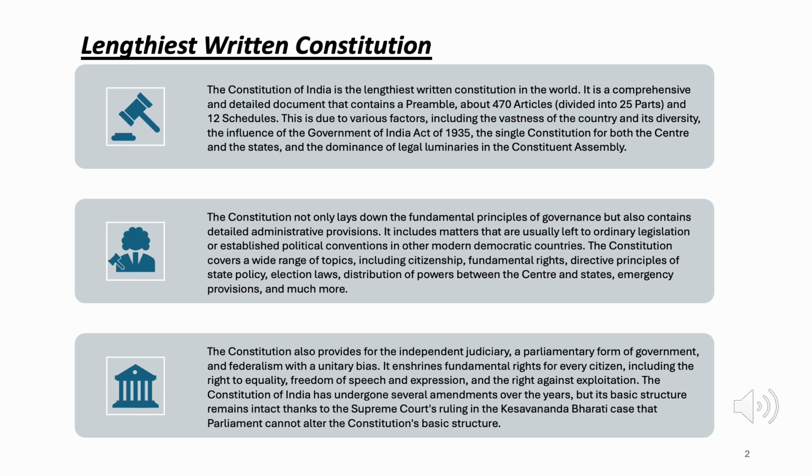The Constitution not only lays down the fundamental principles of governance but also contains detailed administrative provisions. It includes matters that are usually left to ordinary legislation or established political conventions in other modern democratic countries.